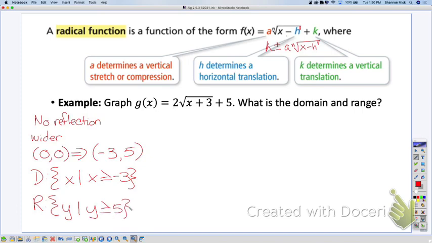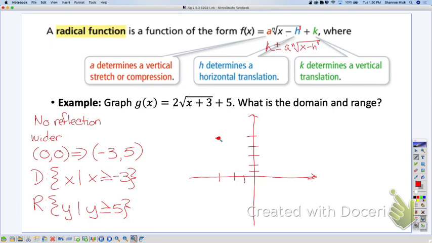So we need a graph, correct? Suppose 1, 2, 3, 4, 5. So my vertex goes to negative 3 and 5. Now, sometimes we know that this is going to go this way, yes?